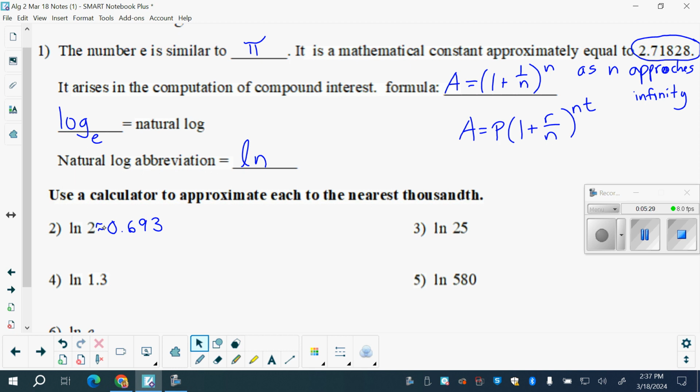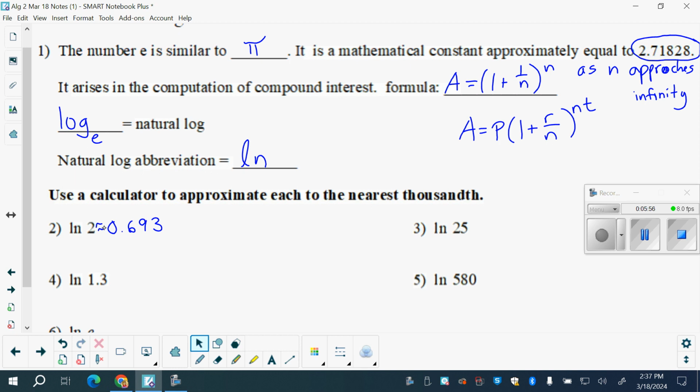Please help each other if people are having trouble finding it on their calculator. Yeah, 0.693. We're rounding to the nearest thousandth.